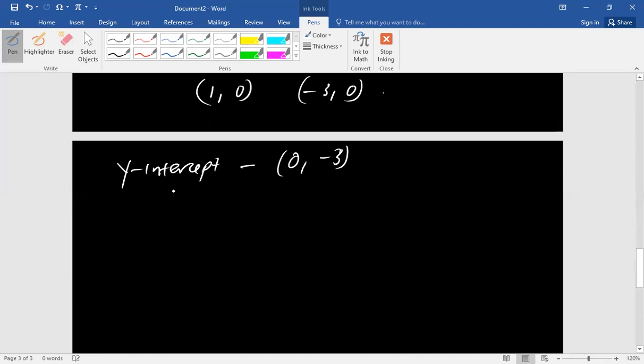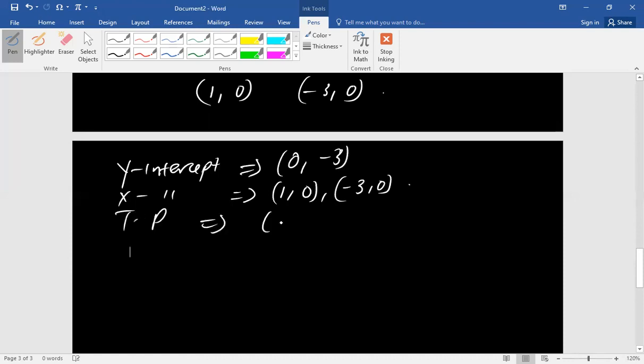The x-intercepts are 1, 0 and -3, 0. And then we also have the turning point, which was -1, -4. So now we can draw the graph.